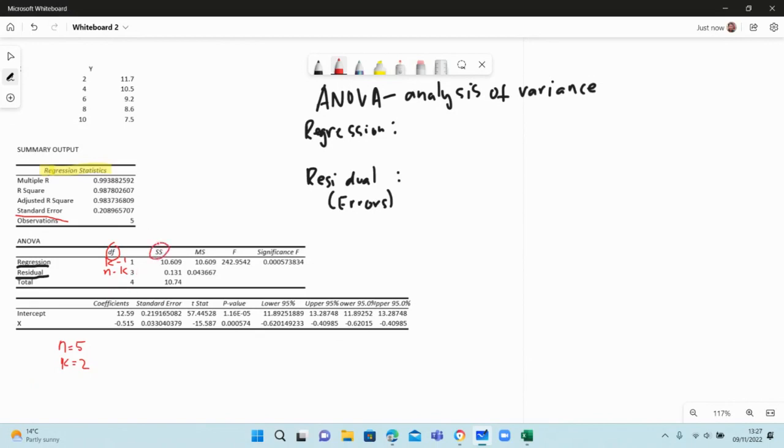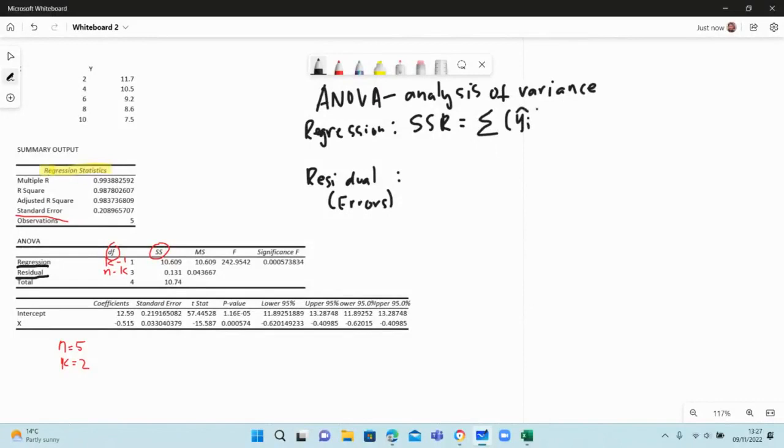Okay, so the next column for the ANOVA part is the SS. For the regression part, this actually denotes SSR, or the sum of squares from the regression. And there is actually a formula for this. The formula is as follows.